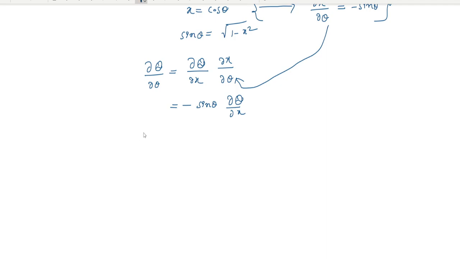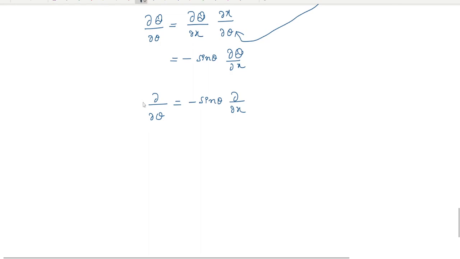So we have dou by dou theta equal to minus sin theta dou by dou x, right? So multiply both sides by the sine function.